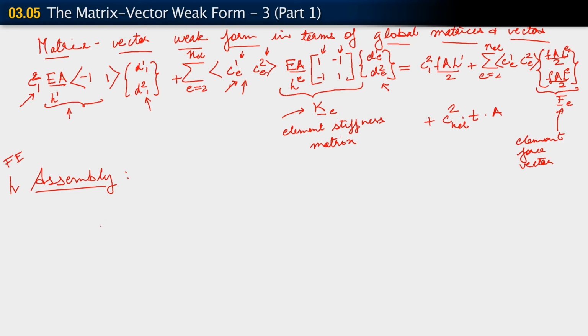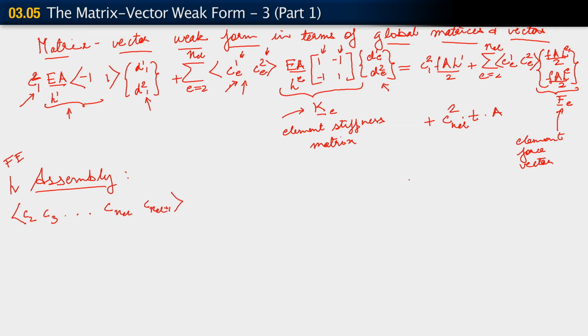In order to do assembly, we need to assemble the local nodal degrees of freedom into global degrees of freedom. And the way we do this is by recognizing that we get here C2, C3, and so on, up to C_NEL, C_NEL plus 1.